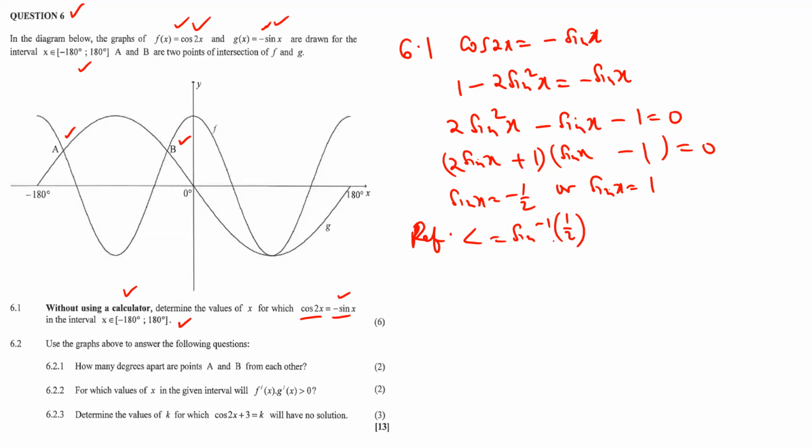It's negative 1/2 there, but write positive, and the arc sine is 30 degrees.